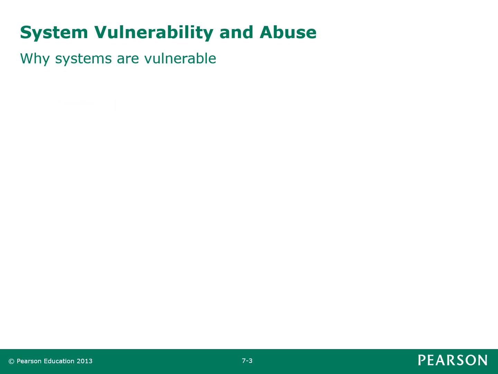System vulnerability and abuse: why are systems vulnerable? To understand this, we have here a list that summarizes all sources of potential threats, and it is organized in 6 categories. They are all related to information system components and its environment. First, network and its accessibility.